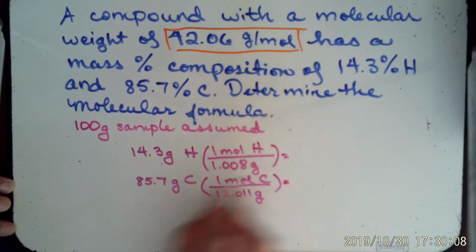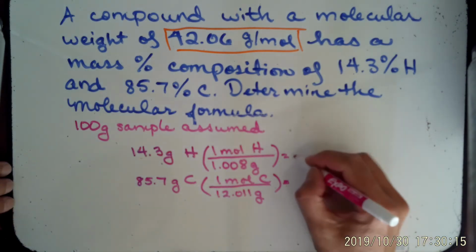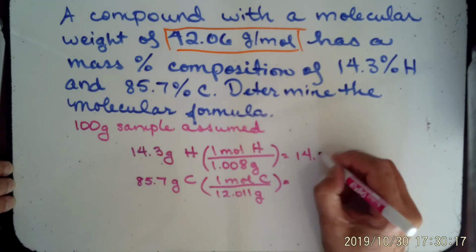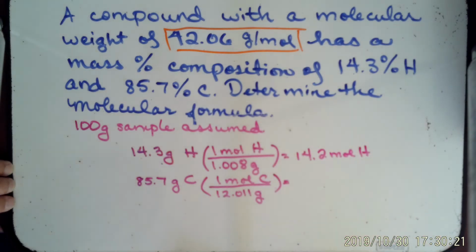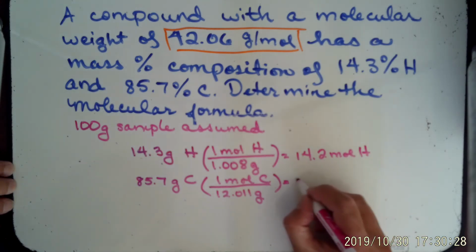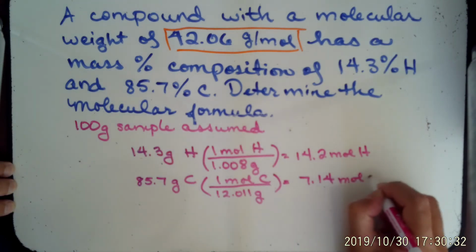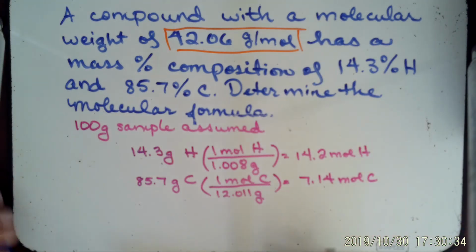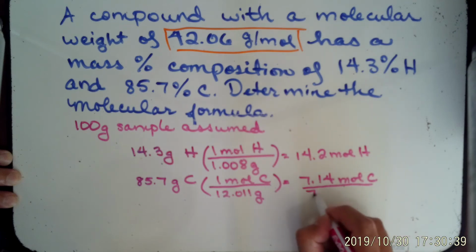Okay, so let's calculate out our numbers. 14.3 divided by 1.008, I get 14.2 moles hydrogen. And with the carbon, 85.7 divided by 12.011, and I get 7.14 moles of carbon. And then our next step is to divide by the smallest value.